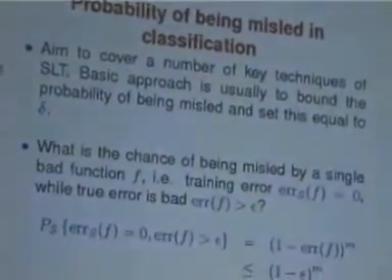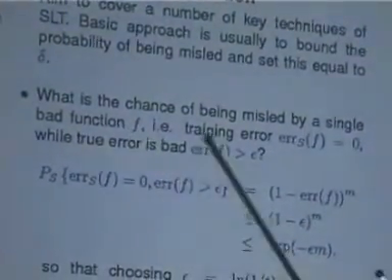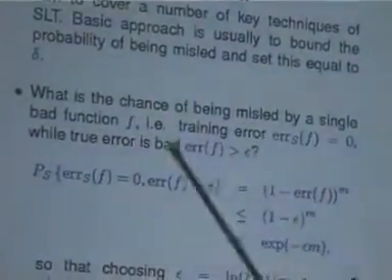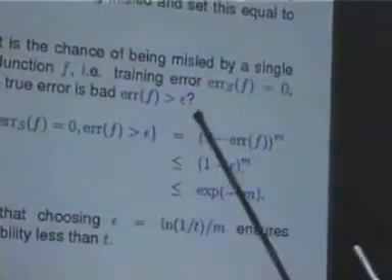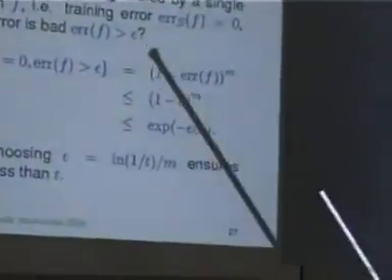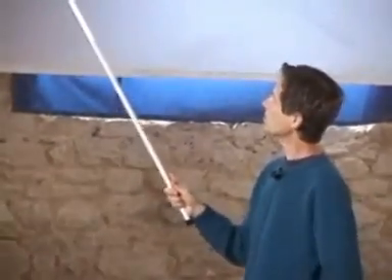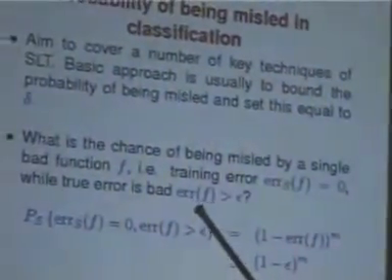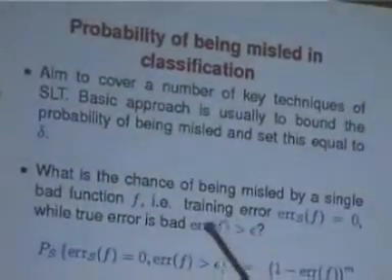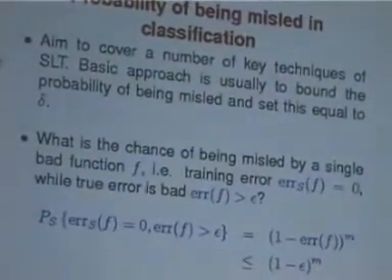So let's take a very simple case of a single bad function f. This is a function that has a bad generalization error, error greater than epsilon, where epsilon is some number which we won't specify at the moment, let's say 0.1, but actually looks good. It has 0 training error. I'm denoting error sub s as the training error, and error as the generalization error we're looking at, the actual error on true probability.